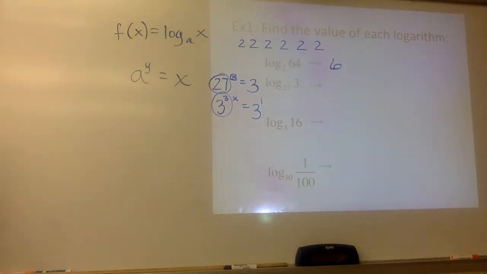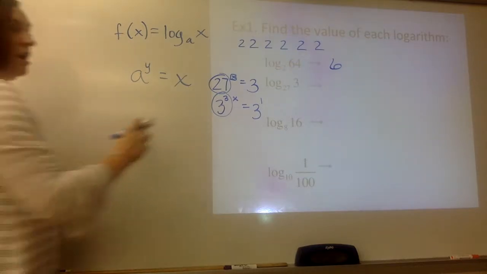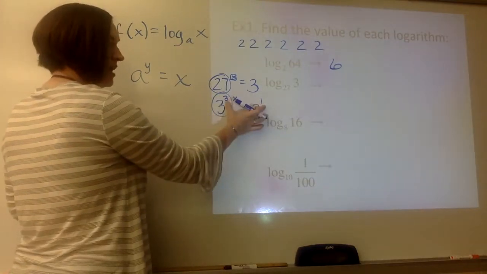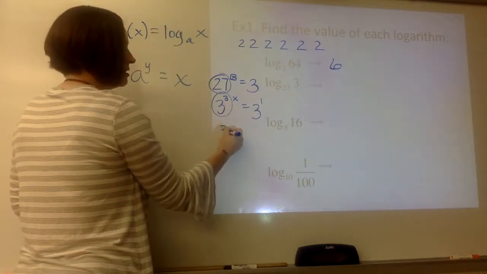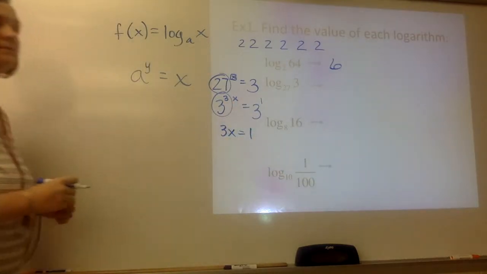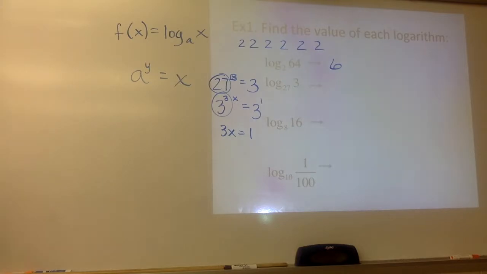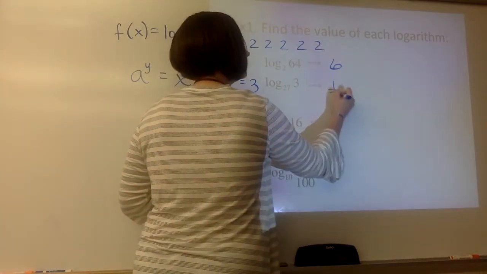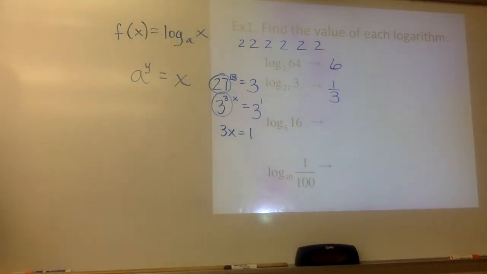All I did is replace 27 with its exponential form. I now just have to solve: if base 3 is equal to base 3, don't the exponents have to be equal by definition? What's 3x equal to 1? x is equal to 1/3. The cube root of 27 is 3. Yes or no?